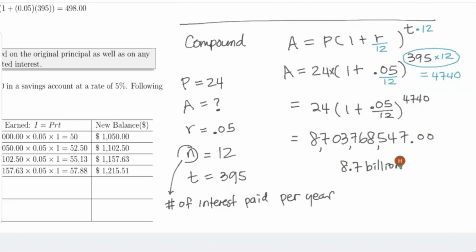Now let's understand this. I didn't change the percentage or the time or anything. The only difference is that instead of being paid once a year, I get paid every month. All of a sudden, it was 5.6 billion, and now it's 8.7 billion. You just have an extra $3 billion.